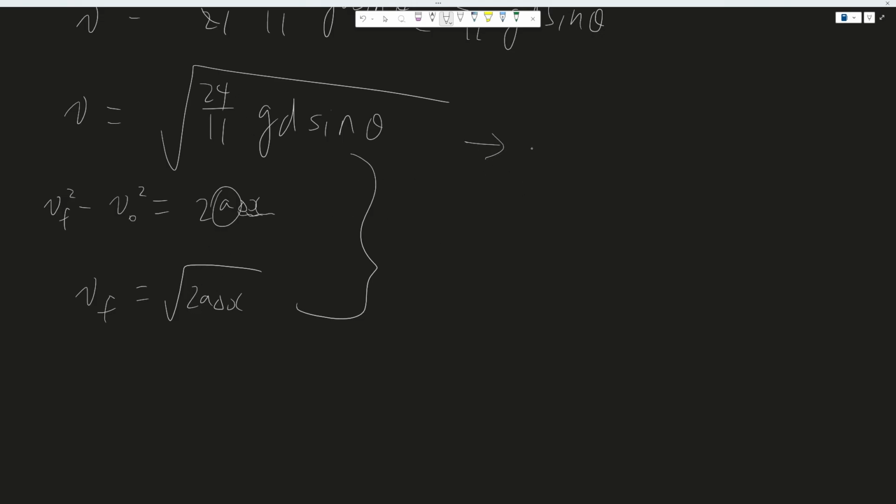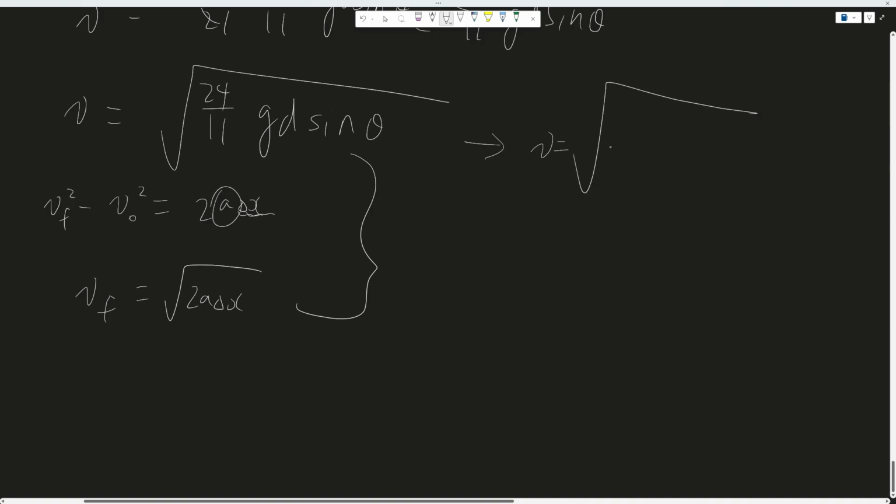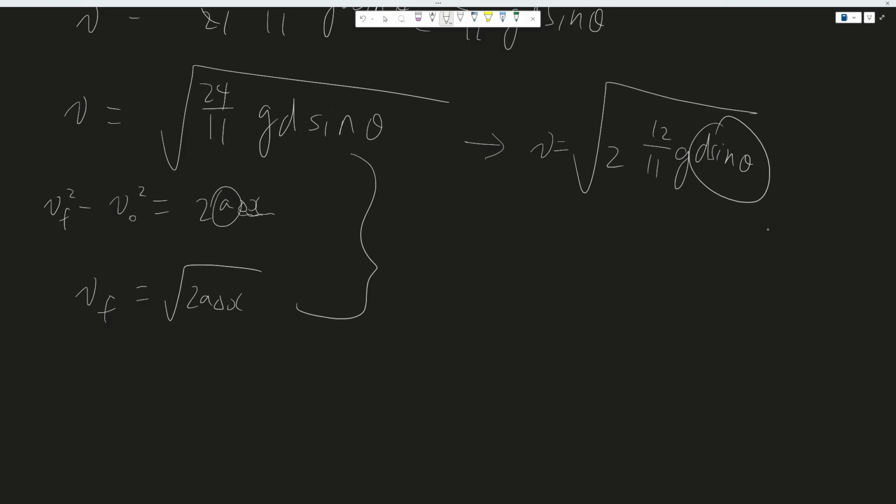So then this should be v equals the square root of 2 times 12/11 g d sine theta. Does this look familiar enough? D sine theta is the displacement, delta y, not delta x. And then this is the acceleration. And so a, the acceleration, should be 12/11 times g. And that is our solution to this question.